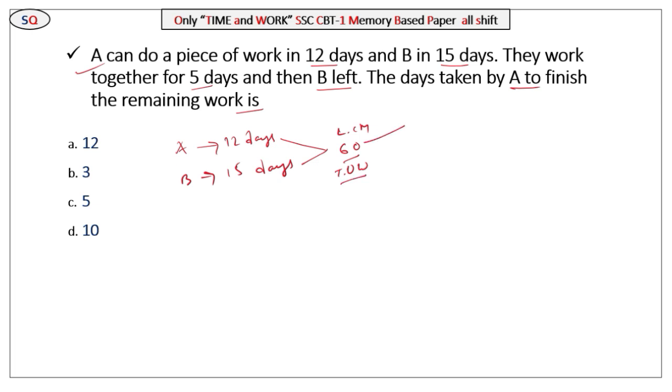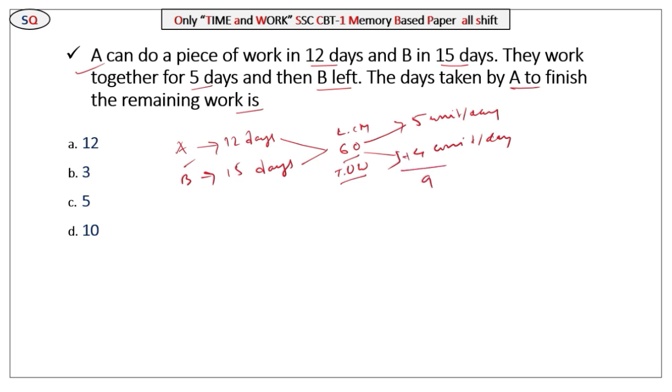So 60 by 12 is 5 units per day, meaning A can do 5 units of work in one day, and 60 by 15 is 4, so B can do 4 units of work in one day. And they work for how many days? 5 days.